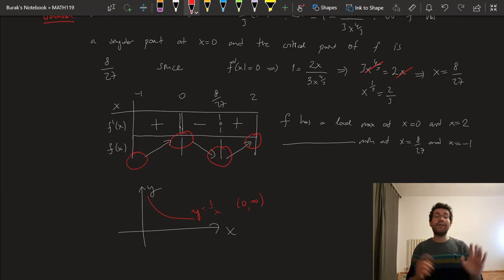Please do not say that 0 is the absolute minimum. This function, as x goes to infinity, approaches 0, but it does not take the value 0. So 0 is not an absolute minimum of this function. It's the limit of this function at infinity, but it is not its absolute minimum. So for this function, there's no absolute minimum, there's no absolute maximum.